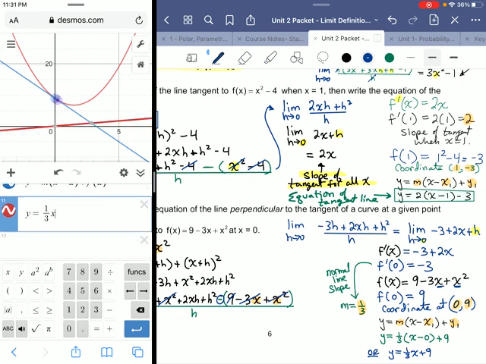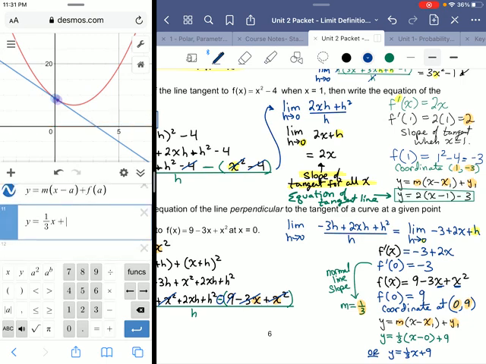1/3 x plus 9. Right. So it's kind of iffy. That doesn't really look overly perpendicular, but when you look at the scale, it kind of makes sense. I'm going 4 boxes for 20 on the y-axis, 4 boxes for 5 on the x-axis.